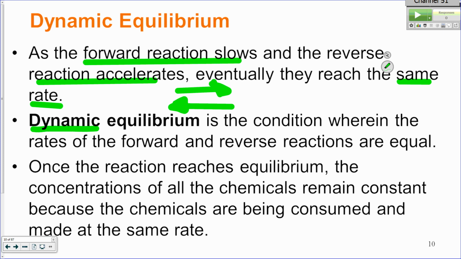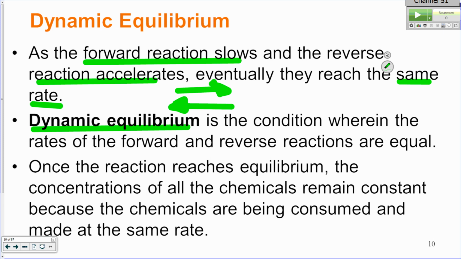So we use the term dynamic equilibrium to represent the fact that if I change one thing in the system, everything else has to respond. That's what makes it dynamic. Like in the hemoglobin, if I change the hemoglobin or the oxygen or the bound hemoglobin, if I change one of those things, the whole system responds. That's the dynamic issue associated with it.